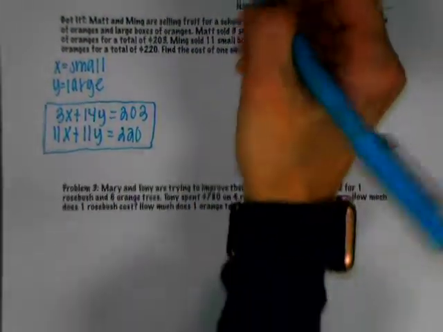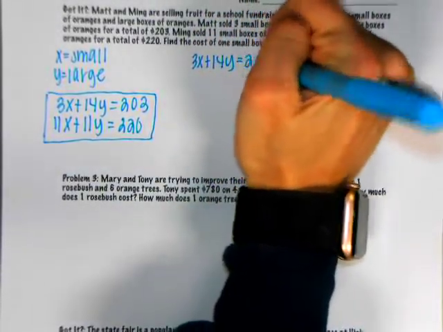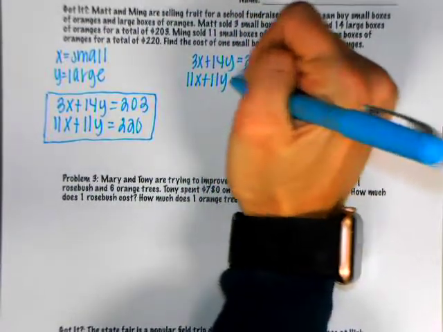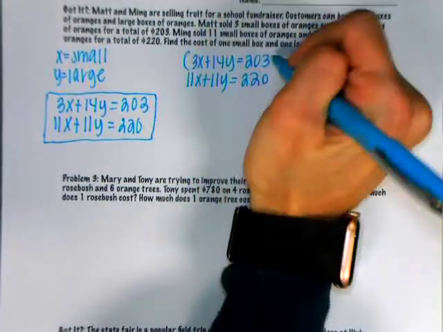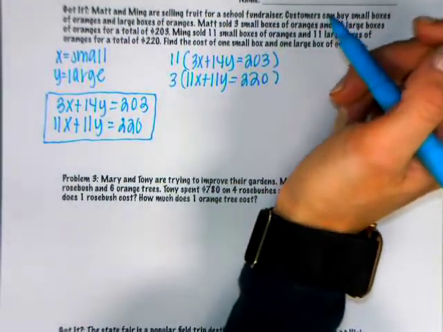Okay, let's get this set up. Do you guys do the X's or the Y's? Let me see. I think I'm going to do X's just because that is too big for me. All right, so you'd have to do 11 and 3, and then which one did you make negative? 3? Okay.